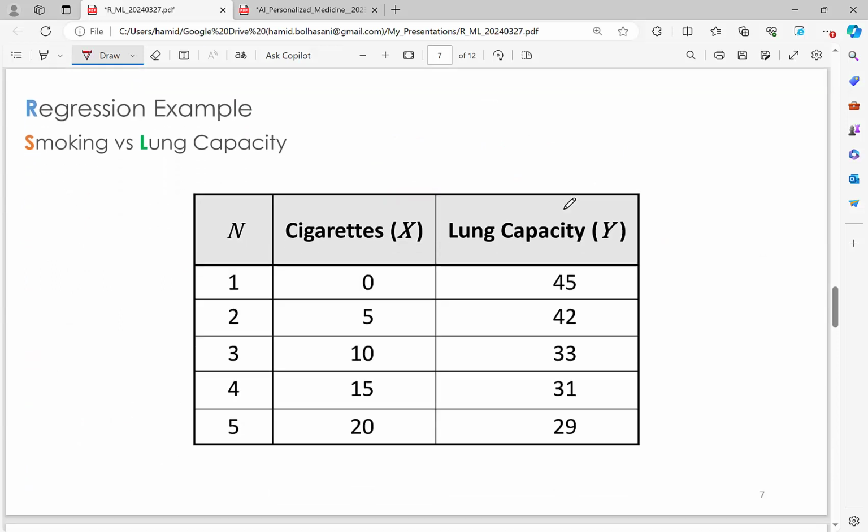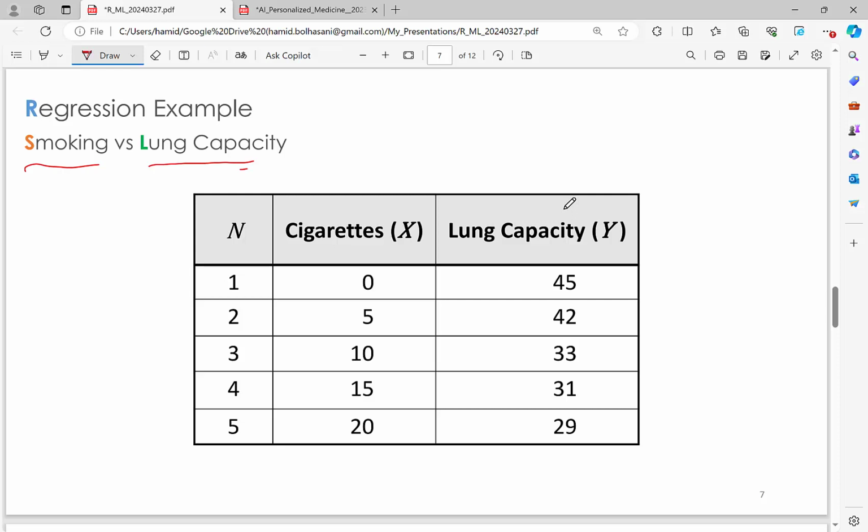For example, let's have a good example here. We want to find the relation and correlation between smoking in people and lung capacity. So reasonably and logically, we think that if we smoke more, the lung capacity would be less, and the data also says this.